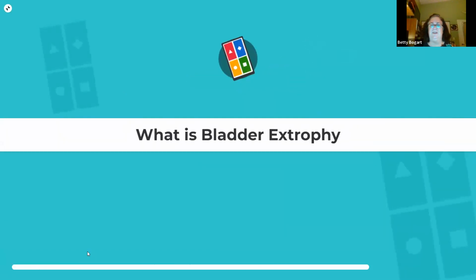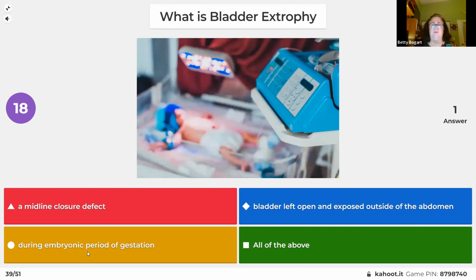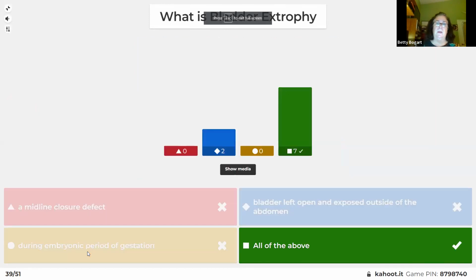What is bladder exstrophy? I mentioned it with gastroschisis. So bladder exstrophy, again, is that midline closure that doesn't work, that happens somewhere in the embryonic period, and the bladder is left on the top.